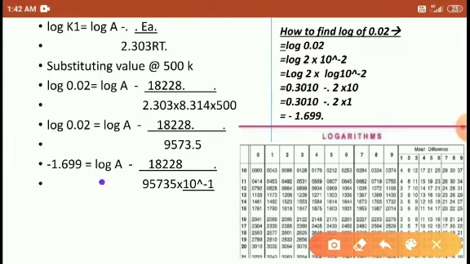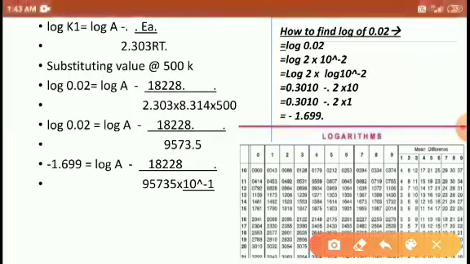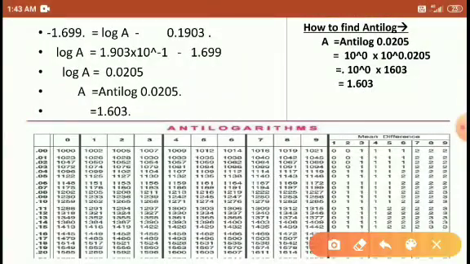We have to find the log, so what we have to do here, students, look here: first divide this value. After dividing, we got the answer 0.1903. Again, log A is taken outside, then subtract: 1.903 minus 1.699.